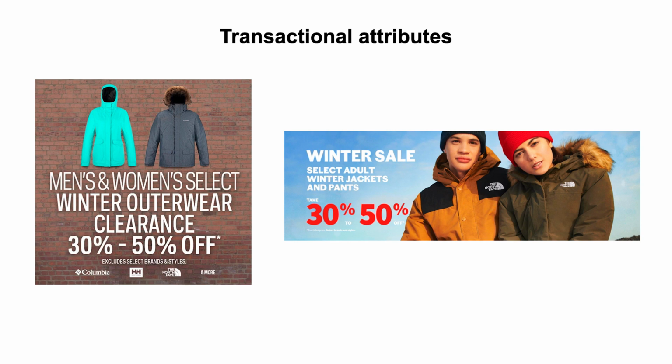So the one on the left, men's and women's select winter outerwear clearance 30 to 50% off. There's no brand messaging here. It's just big on transactional attributes. Same with the example on the right. You would see these type of ads selling winter jackets at the end of the winter season. It's big on transaction, and maybe a lot of first-time buyers are gonna see this and they're gonna buy because of that transactional incentive.